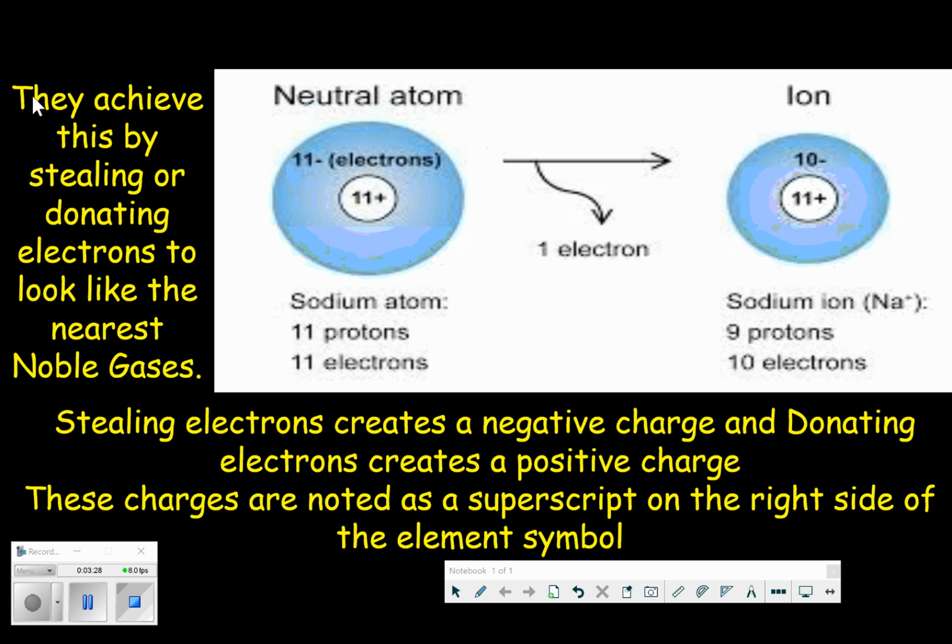All atoms of all elements achieve this balance by stealing or donating electrons to look like the nearest noble gases. Stealing electrons creates a negative charge, and donating electrons creates a positive charge. These charges are noted as a superscript on the right side of the element symbol.